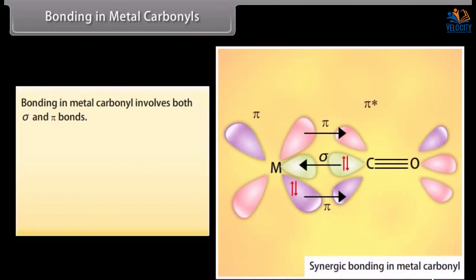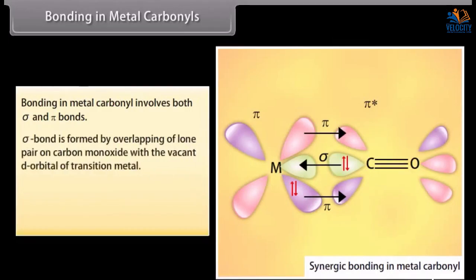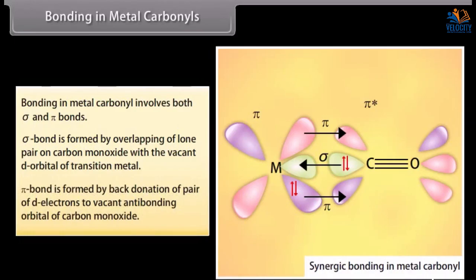Bonding in metal carbonyl involves both sigma and pi bonds. Sigma bond is formed by overlapping of lone pair on carbon monoxide with the vacant d orbital of transition metal. Pi bond is formed by back donation of a pair of d electrons to vacant anti-bonding orbital of carbon monoxide.